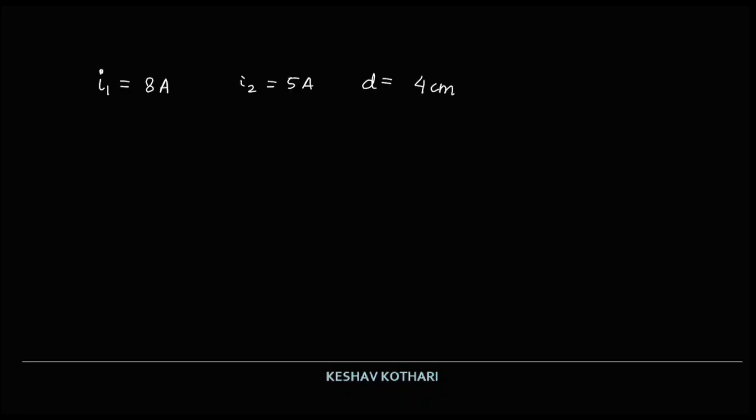So I can say that the force per unit length on this wire segment is mu naught I1 I2 upon 2 pi d.